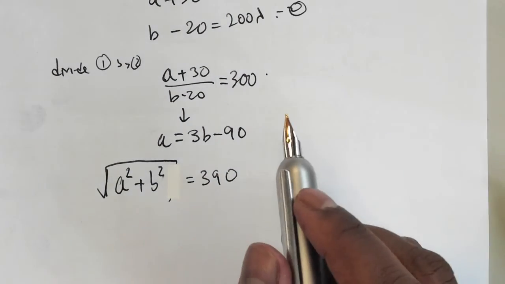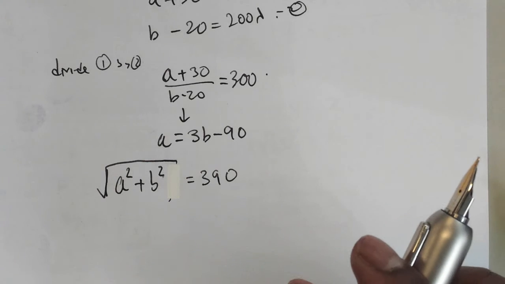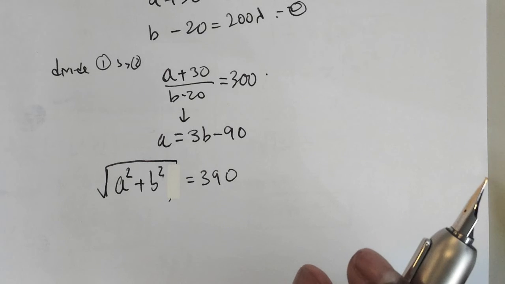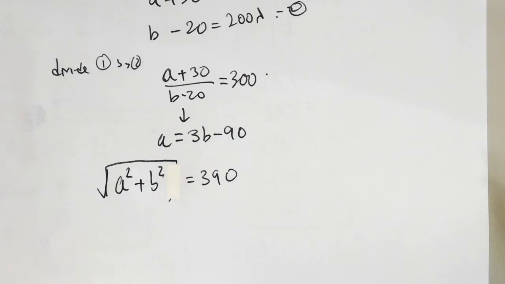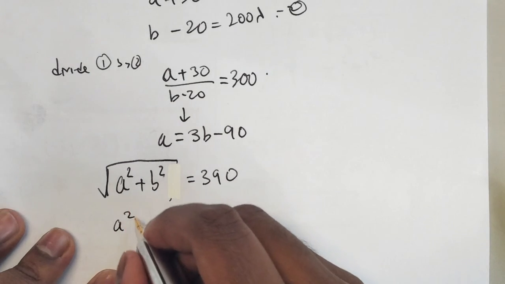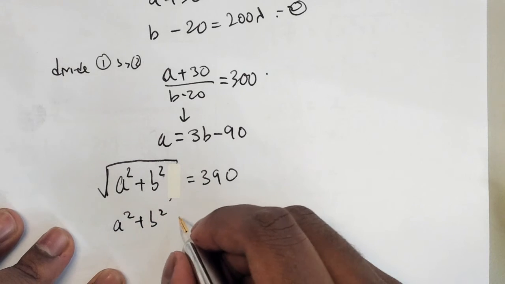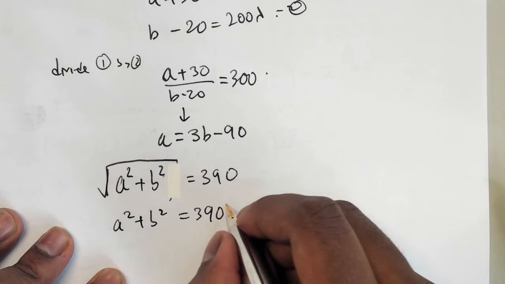So now we've got two equations with A and B that we can solve simultaneously with the CAS, or if we want to do it by hand, we can also do that. We have A squared plus B squared equals the square of 390.